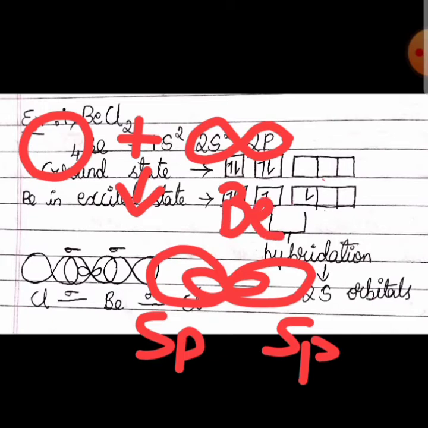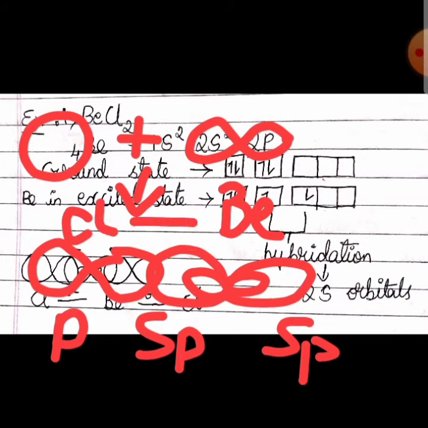Now each sp hybrid orbital is going to overlap with the p orbital of chlorine, because in chlorine the unpaired electron is present in a p orbital whose shape is dumbbell. With that p orbital of chlorine, beryllium is going to overlap linearly to form a sigma bond.